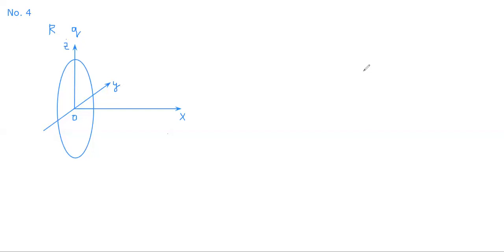Okay. We can use the definition of electric field intensity, I mean the formula of electric field intensity for a point charge, and the superposition principle.